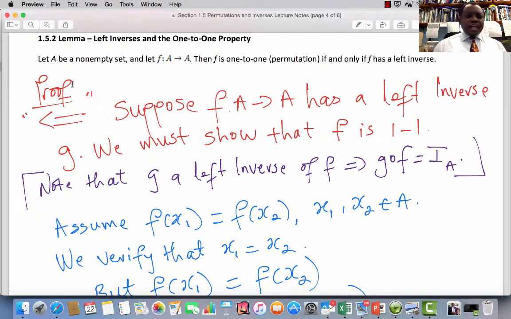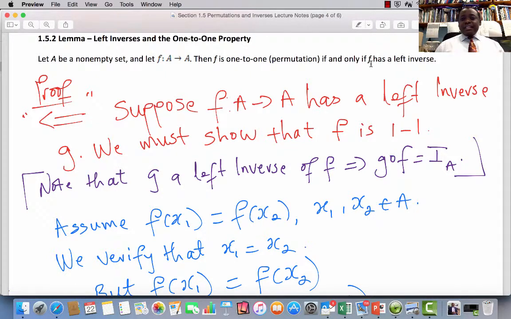Subsection 1.5.2, Lemma: left inverses and the one-to-one property. If A is a non-empty set and f is a mapping from A to A, that means f is an element of M_A, then we say that f is one-to-one if and only if f has a left inverse.